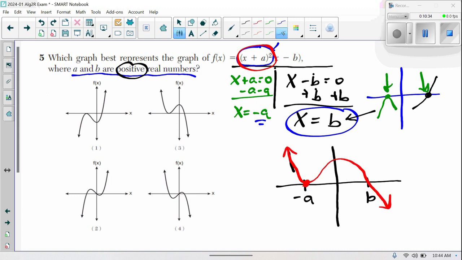Or it'll flip: it'll touch and then go up and go through. It's either one, but at my a on the negative side, it's going to touch and not go through, just like this right here. And then it'll go through on the positive side. So the answer is choice 1.